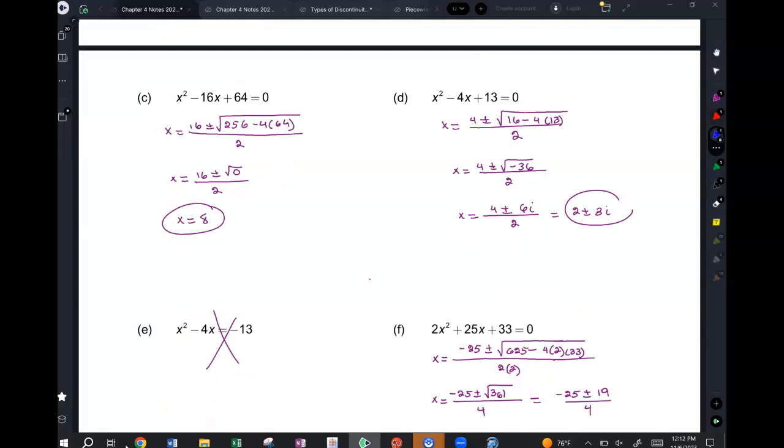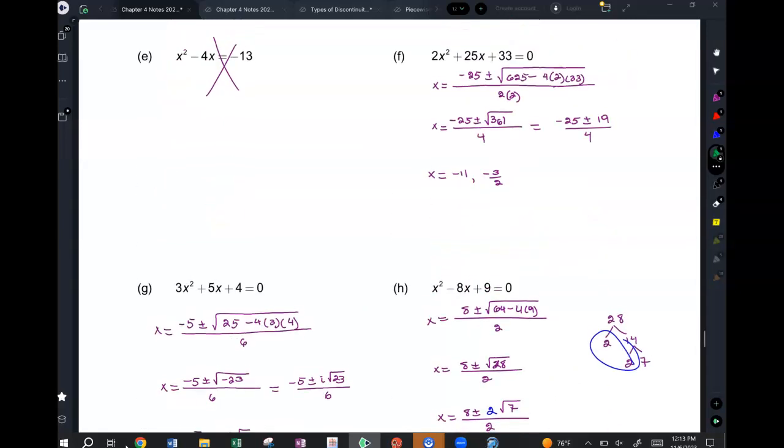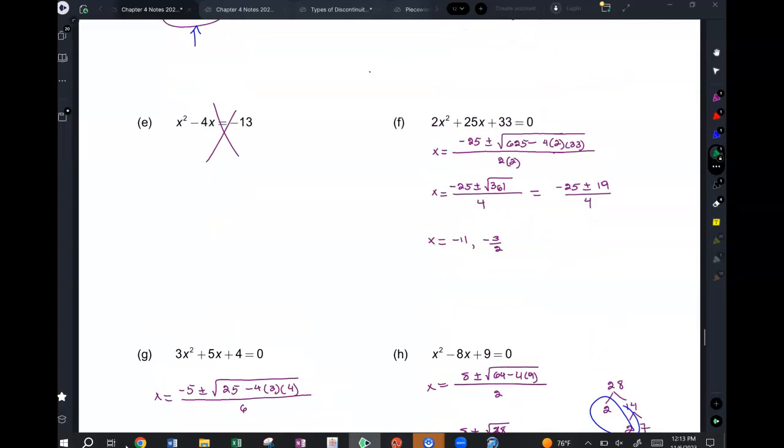Here in my root, I have a 0. And what do I have? 1 solution, which is also real, right? Here in the root, I have a negative number. So how many solutions do I have? 2, and they're imaginary or complex, right? So the number inside the radical can tell you how many and what type of solutions you're going to have.